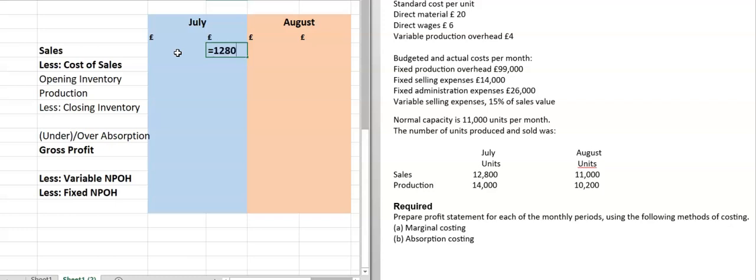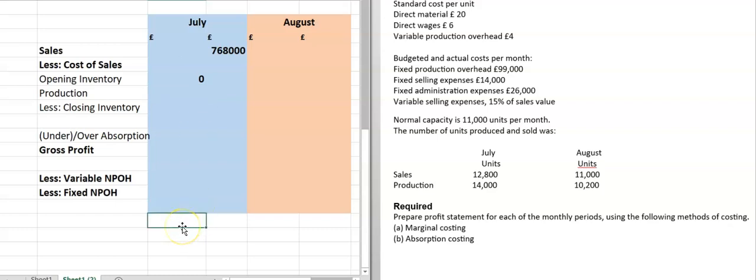Sales in July 12,800 into 60, and less cost of sale. So opening inventory will be 0. Production, so you need that value to value your inventory.